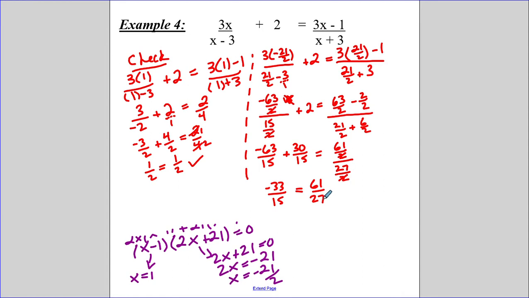So I can see that these are not going to be the same value. So it looks like in this case that negative 21 over 2 doesn't work and doesn't give me a value that's going to check out to be the same thing. So in this case, this doesn't work, which means that I have only one solution at x is equal to 1.